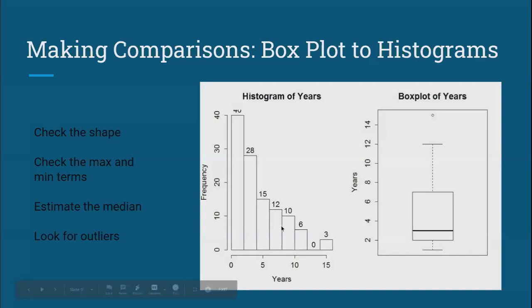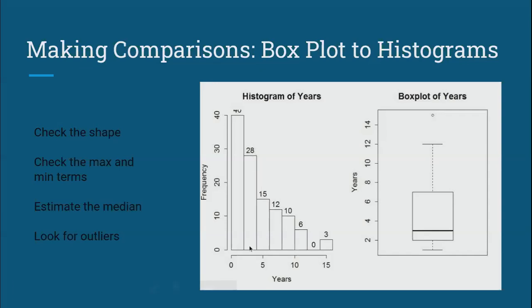Okay, so we'll check max and mins. We see here the minimum is zero. So here that would be 0. But then here they tell us that the median is 3. So what does that mean for us? We know that 40 is here. 50% is the median. So that means something of this 10 of this 28 plays into the median.